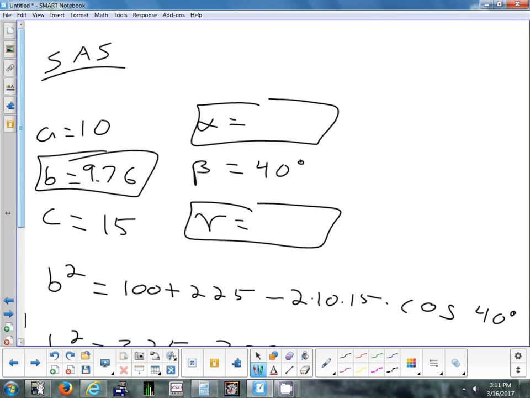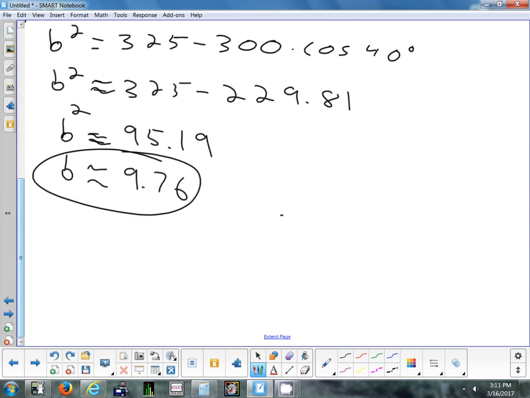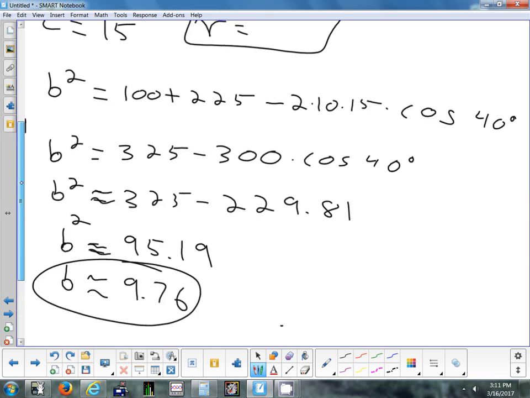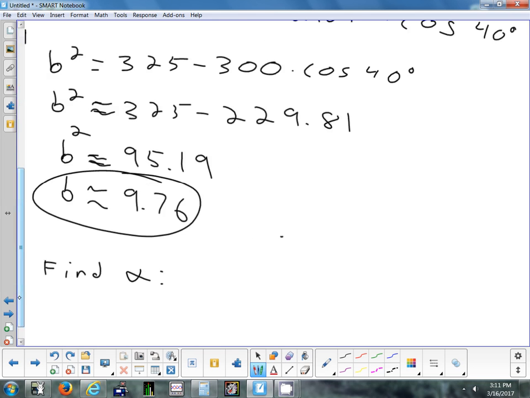All right, so now we need to find the angles. We can find alpha or gamma, because now that we know all the sides, we can use either law. So do you want to find alpha or gamma? Alpha. Okay, so what we're about to do right now to find alpha, this was to find B. This is what you have to do in a side, side, side problem.